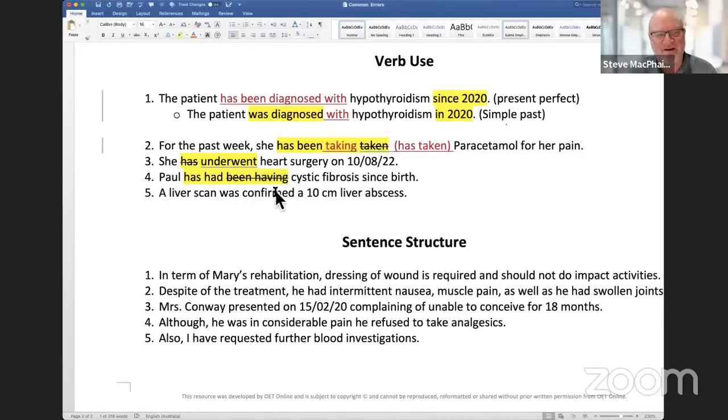Now we're going to use a passive active. A liver scan was confirmed a 10-centimeter liver abscess. Can you spot the error here?